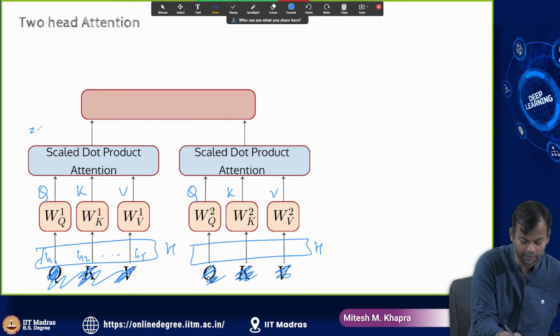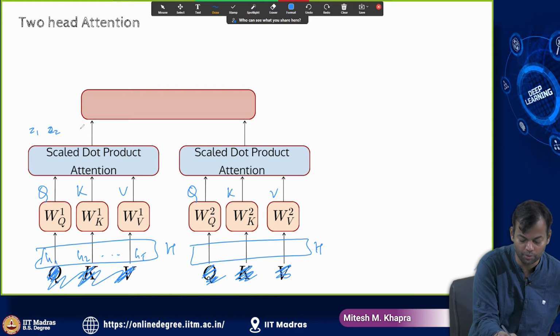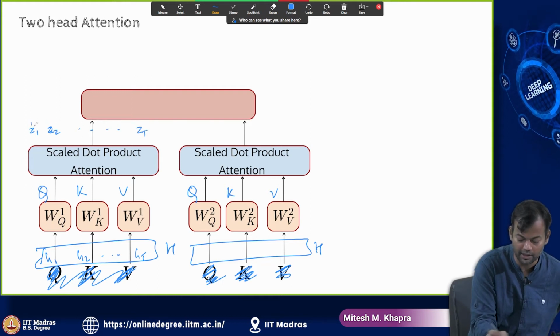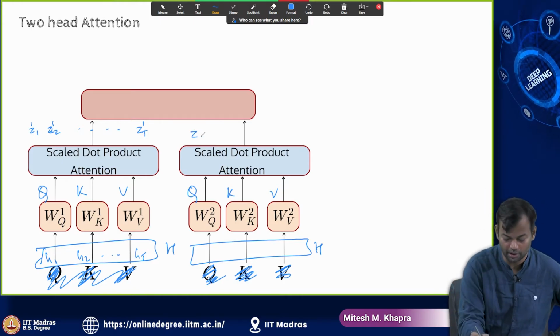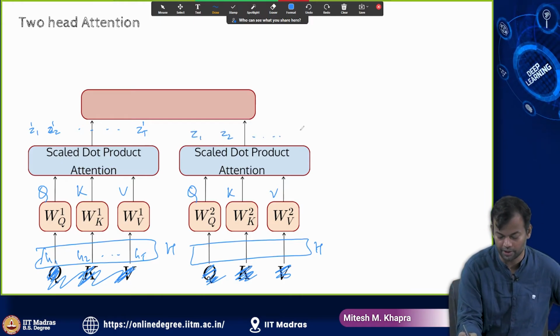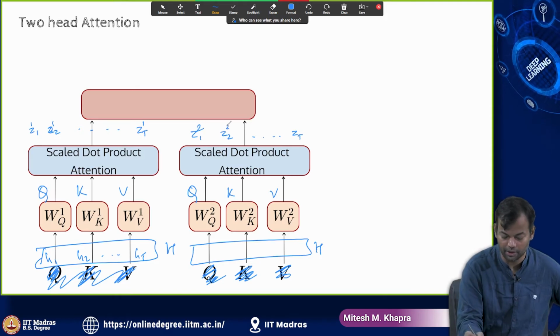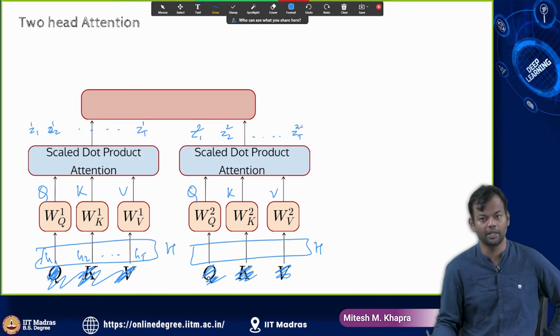Now this, as I said, would give you Z1, Z2 all the way up to ZT, which I'll call Z1s, and this would give you Z1, Z2 all the way up to ZT, which I'll call Z2s.